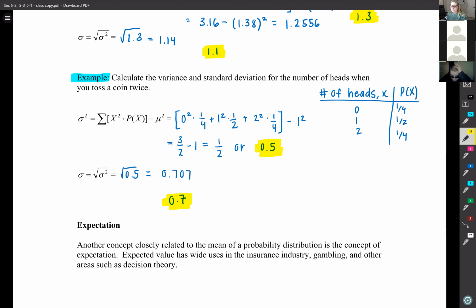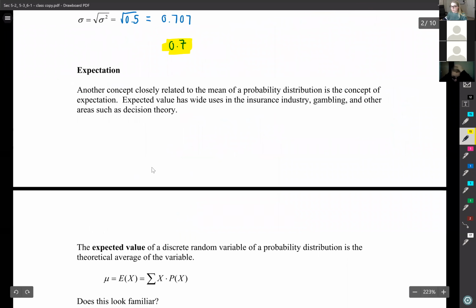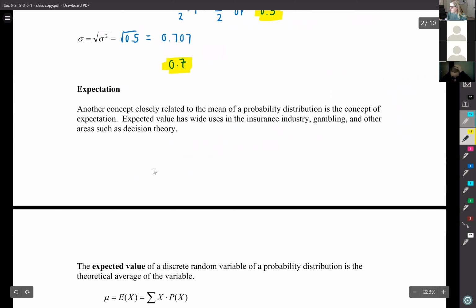Cool. We're actually on to our last topic for the day. It's pretty exciting. I thought we would end early. So our last topic is called expectation. This is the one that's kind of new that we haven't discussed before, but you'll see that it's not really new. So let's just go ahead and get into it. Another concept closely related to the mean is the concept of expectation.